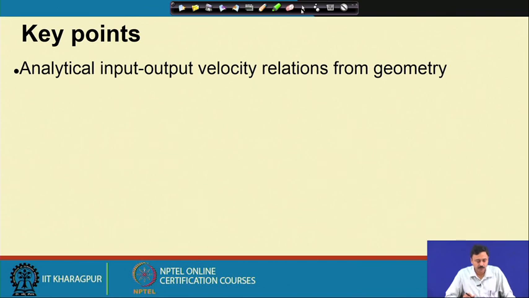So, let us recapitulate the key points. We have found the analytical input output velocity relations from geometry. Here, I must mention again that we have used the concept of instantaneous center of rotation of the mechanism, and then from geometric relations we have tried to find out certain lengths.